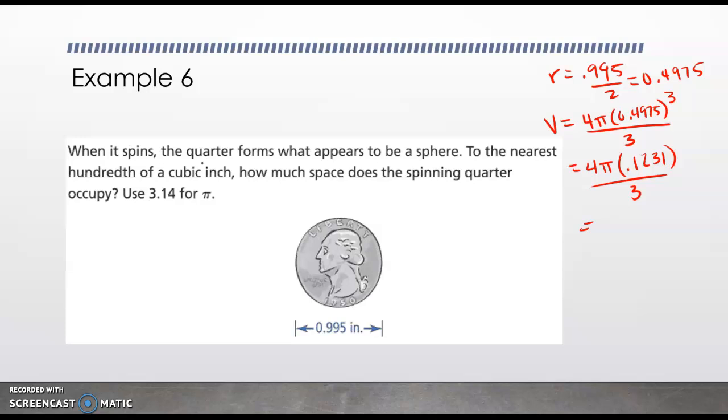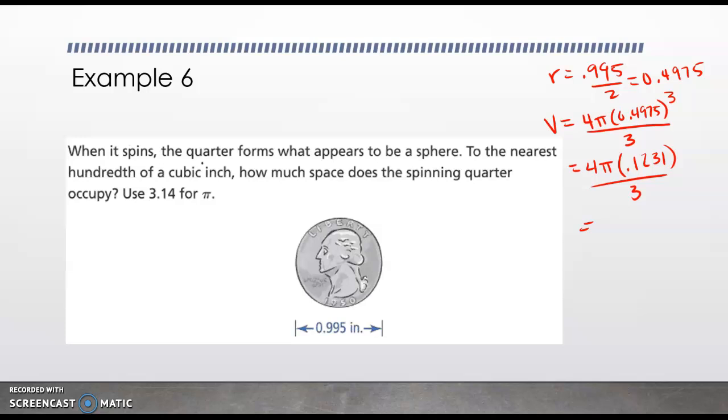So 4 times 0.1231 is 0.4924. I'm going to take that times 3.14. Something happened when I typed and I made a mistake. That happens, and from there we just admit our mistake and we move forward.